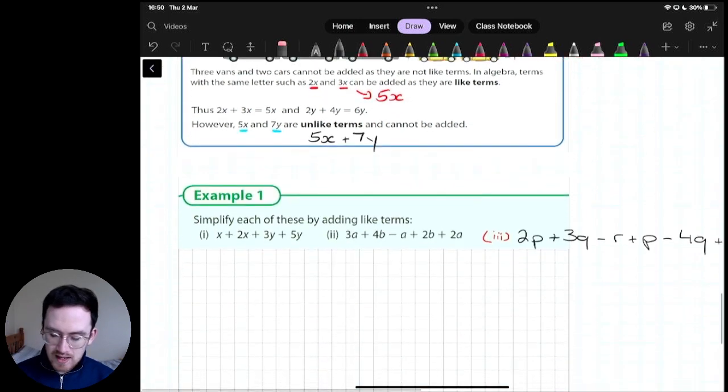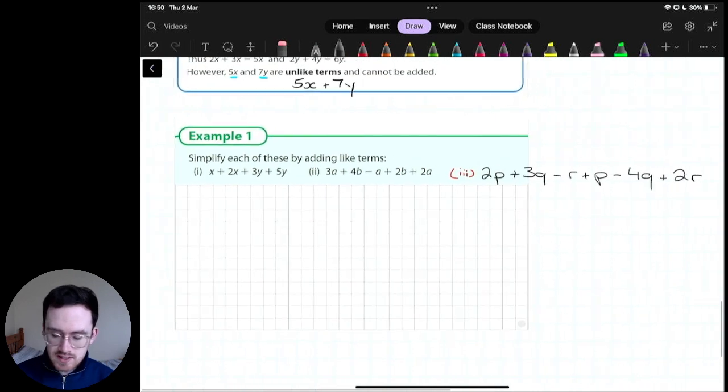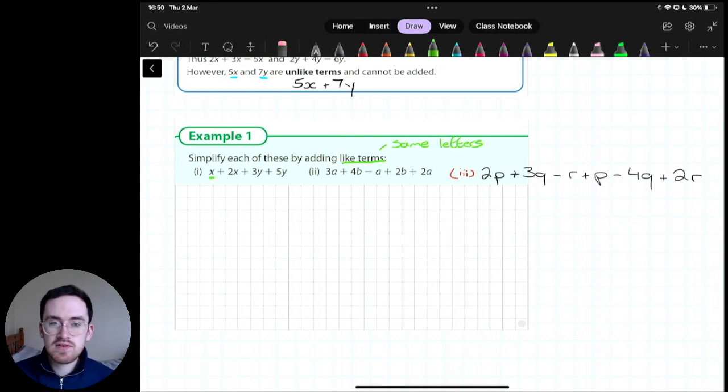So let's try and apply that in an example or two here just to make sure we understand it. So if we look at the first one, remember, like terms mean they have the same letters. How many x's do we have? Well, remember that if we have x written on its own with no number in front of it, that's the same as just 1x.